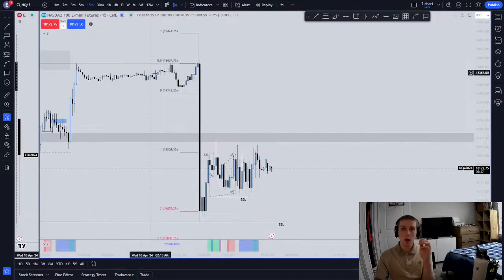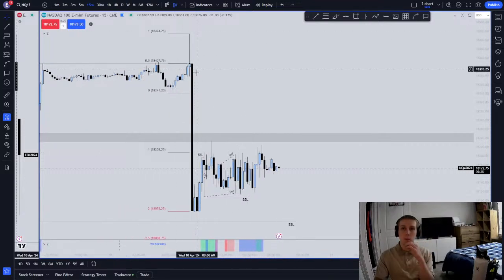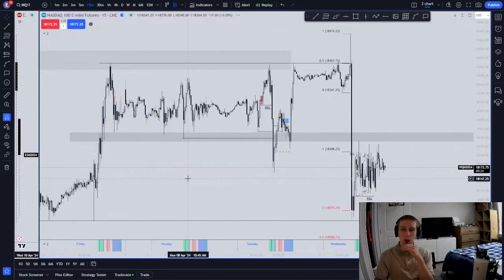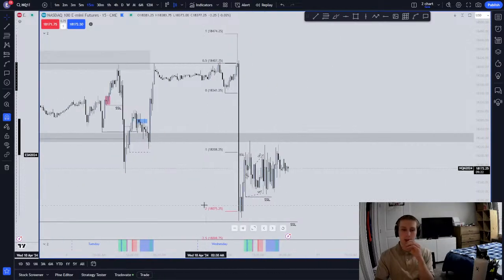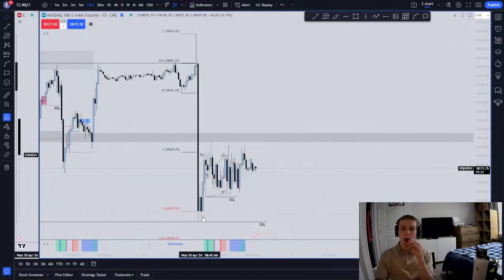What I want to point out is this manipulation leg. This is the manipulation higher, and if you draw your fib from the high to this low, that is your manipulation move. That's your manipulation leg. That's what you want to mark out. If we happen to respect -2 to 2.5, I'm looking for us to retrace back into equilibrium.